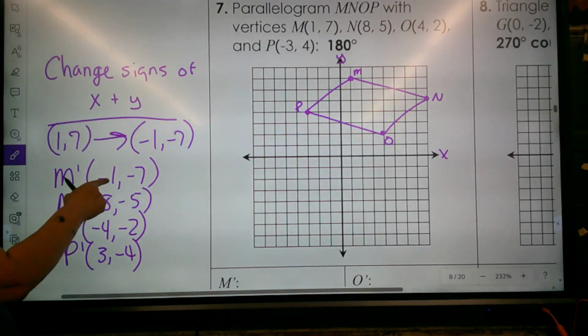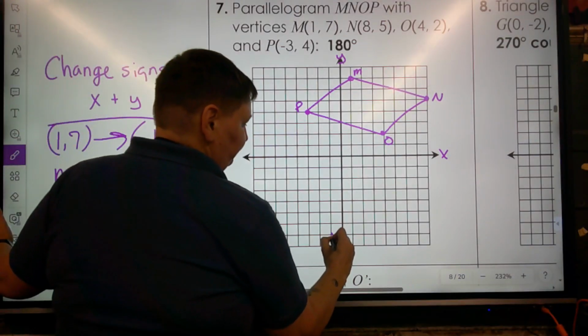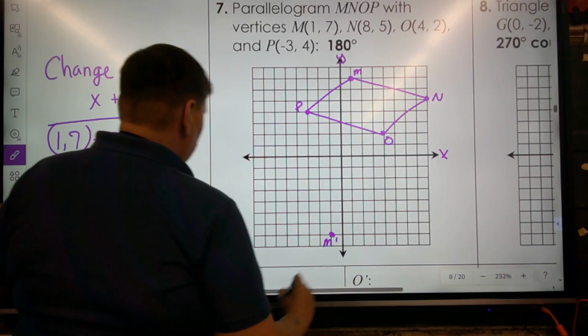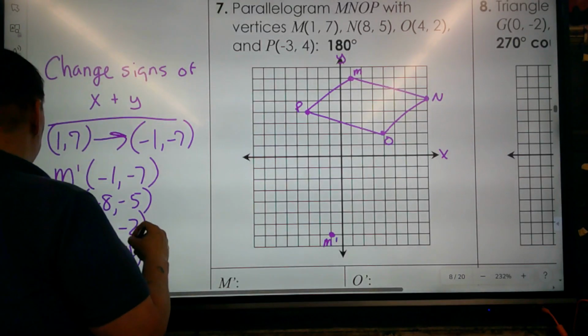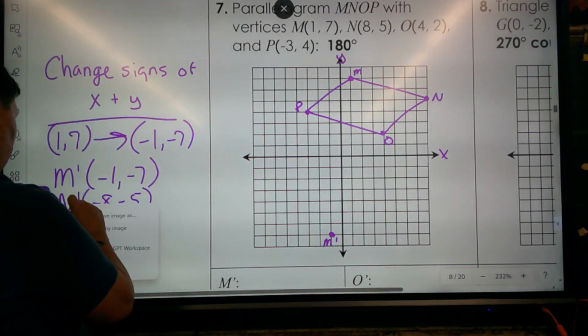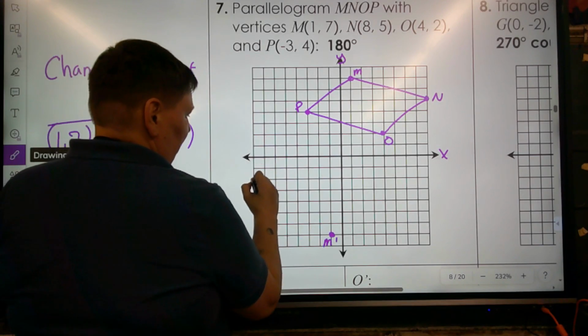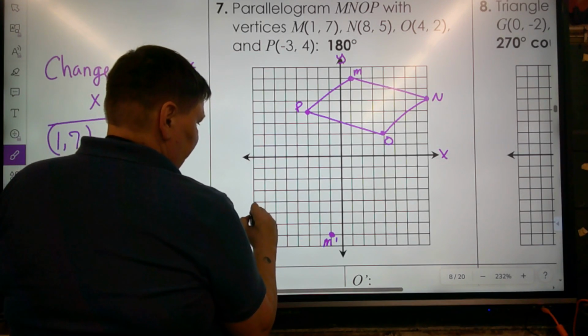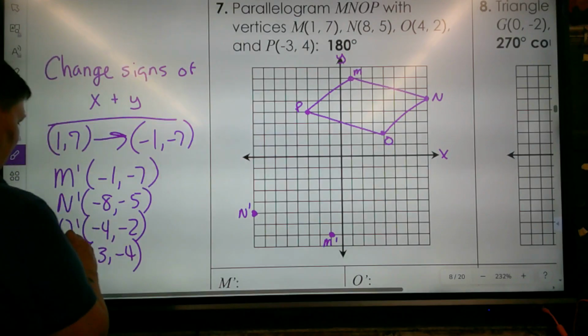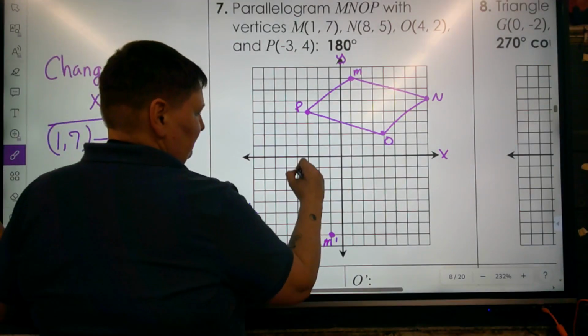Graph it. M prime, negative 1, negative 7. N prime, negative 8, negative 5. O prime, negative 4, negative 2.